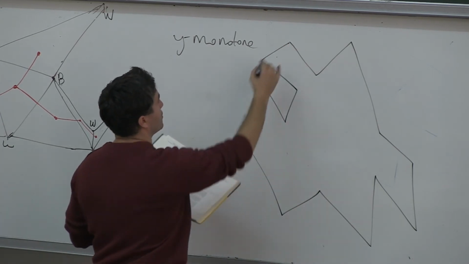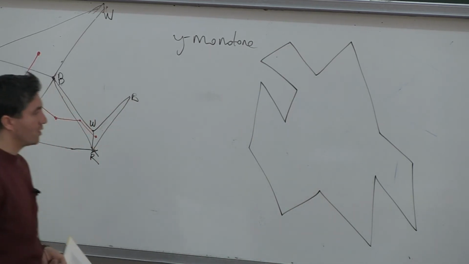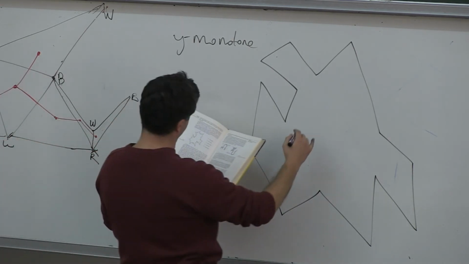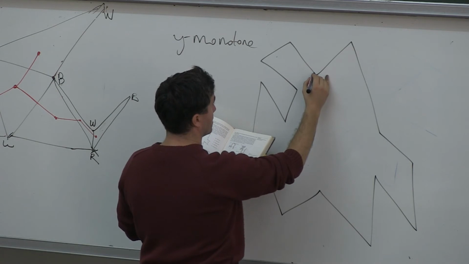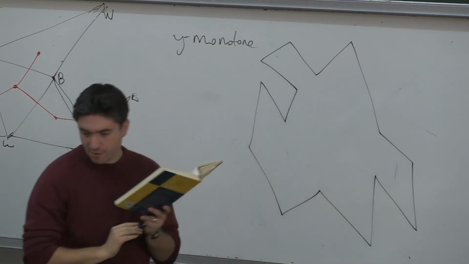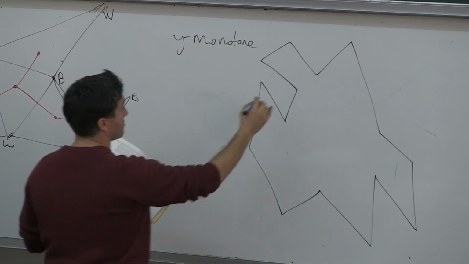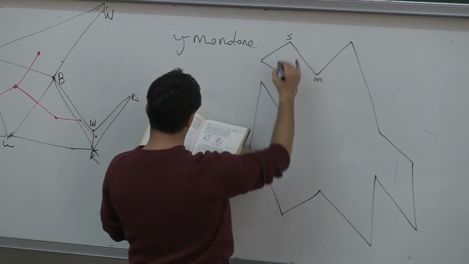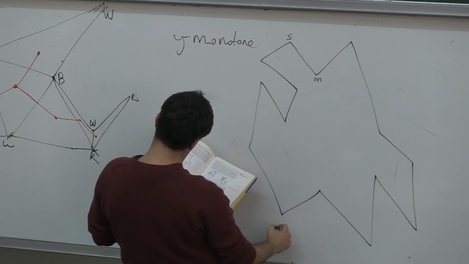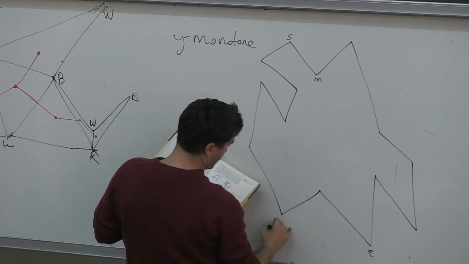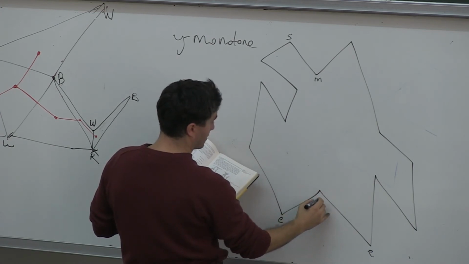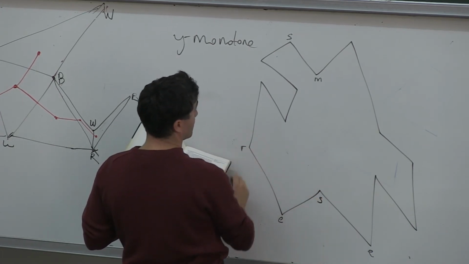Let me label them: merge vertex, start vertex, end vertex, split vertex, and this is a regular vertex.